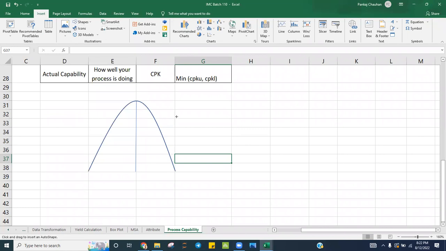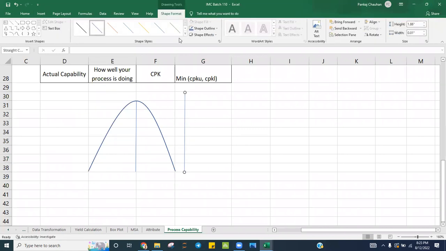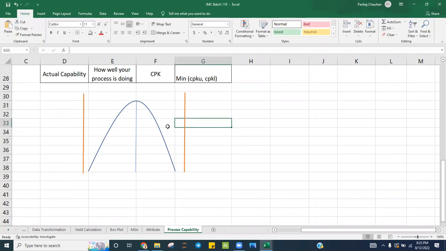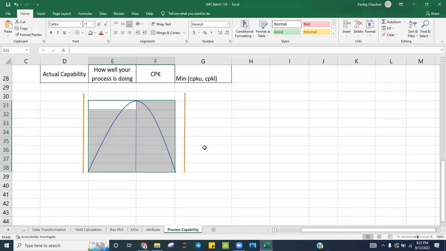Specification says this side is your upper side of specification, and this side is your lower side of specification. Looking at this, how well your data fits within the specification, what percentage of data is fitting within the specification, that is your process capability.